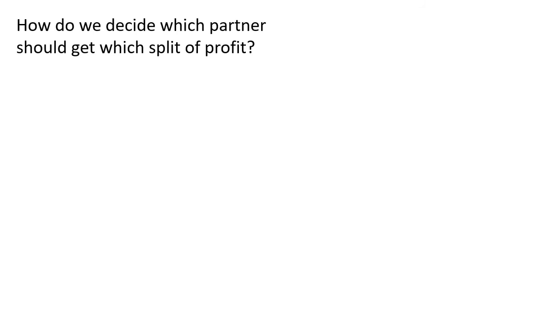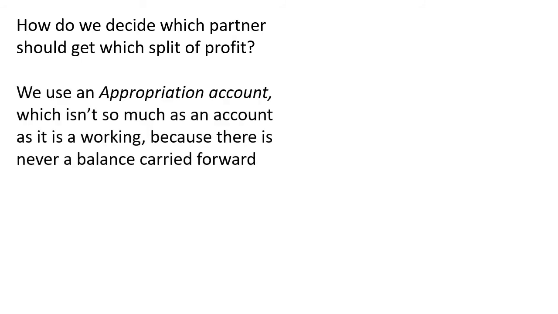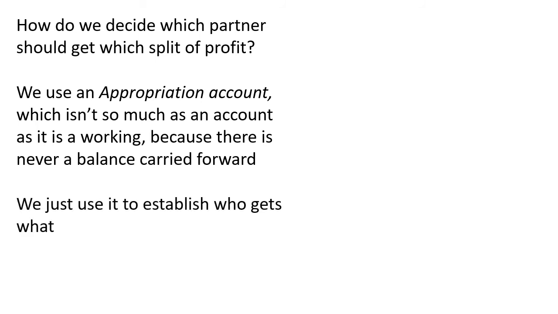How do we decide which partner should get which bit of profit? We use an appropriation account, which isn't so much an account as it is a working, because there is never a balance carried forward. We just use it to establish who gets what.